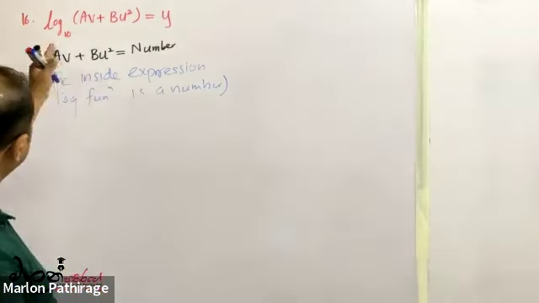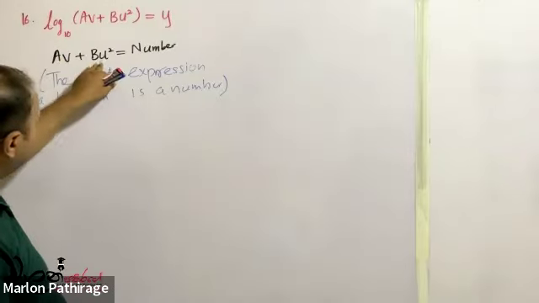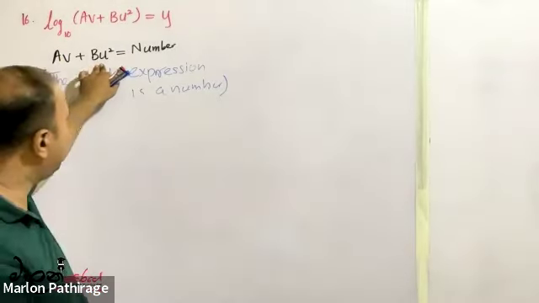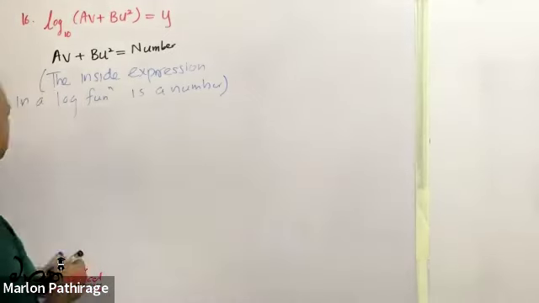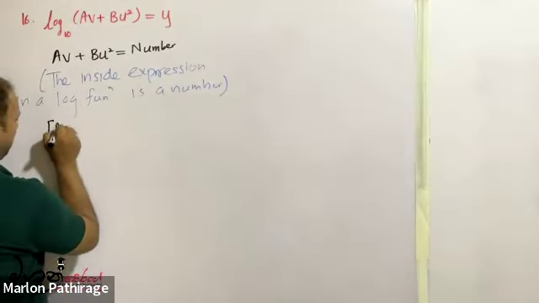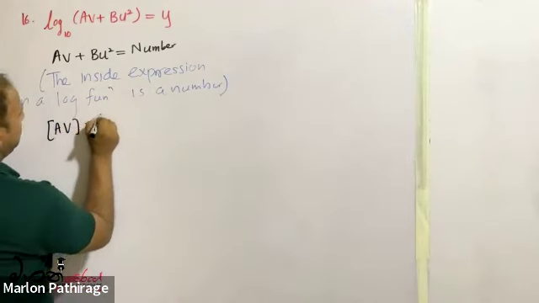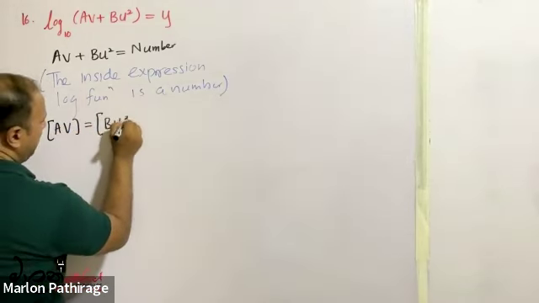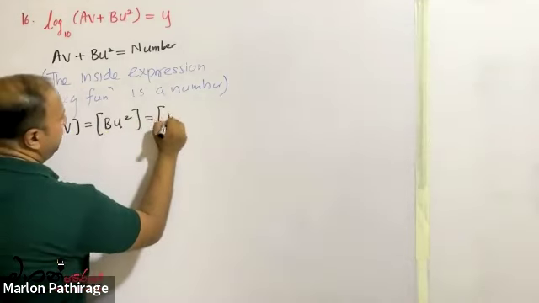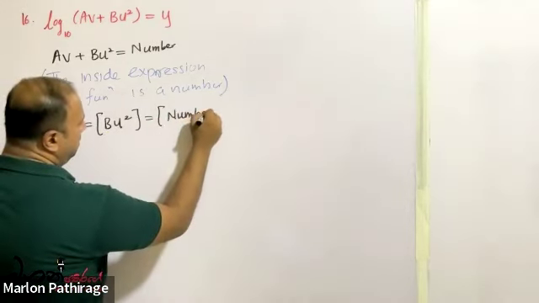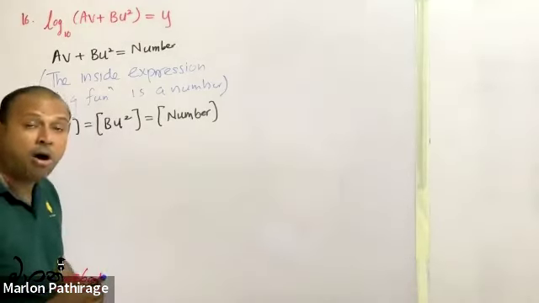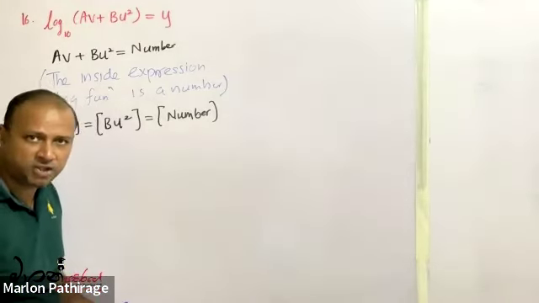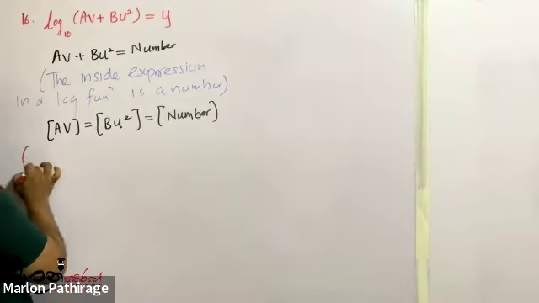So based on that, dimension of AV is equal to dimension of BU squared, and they are both equal to dimension of a number. So the argument is all the terms in an equation should have the same dimension.